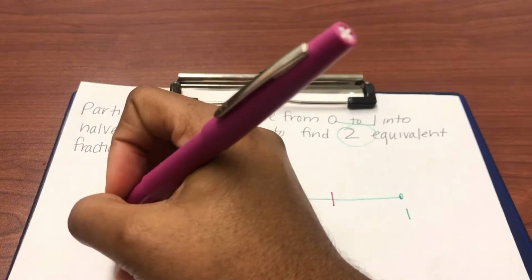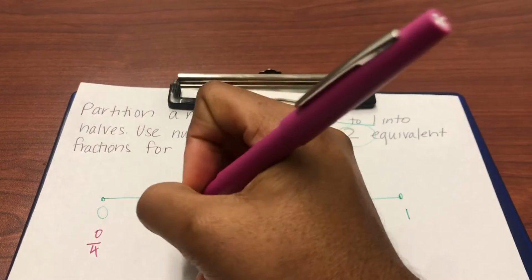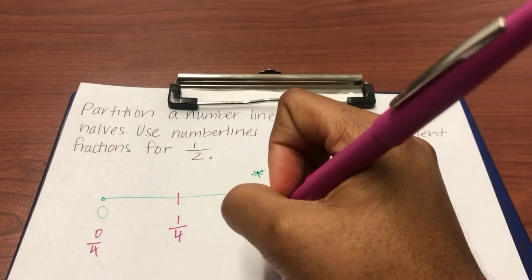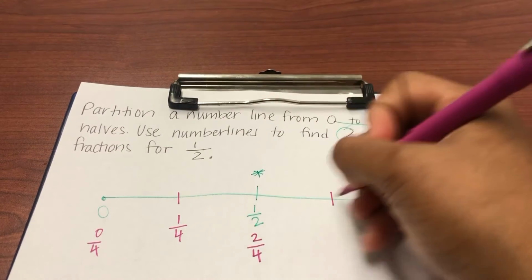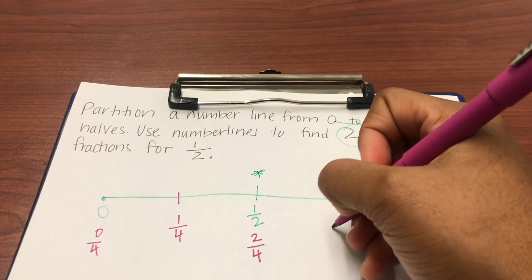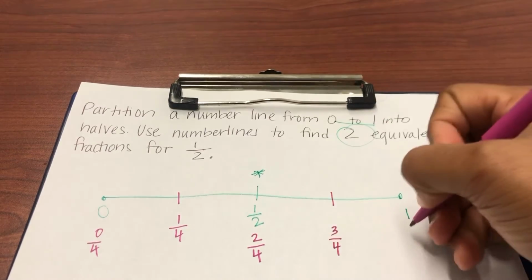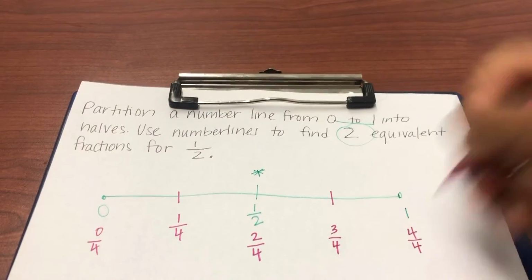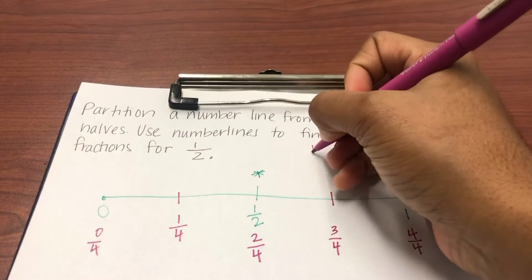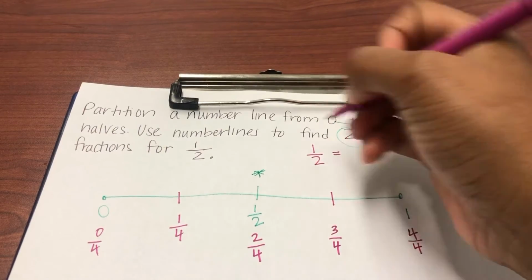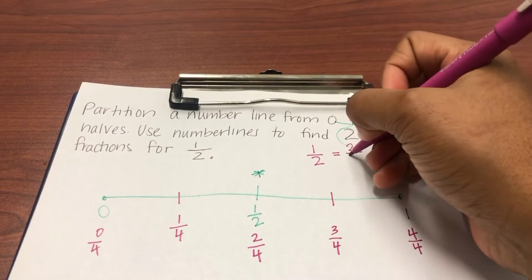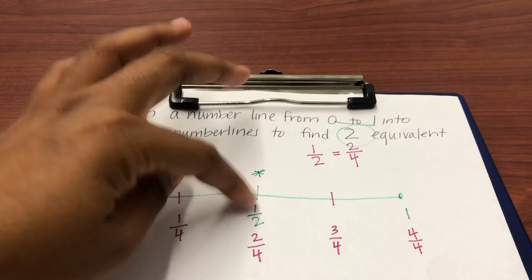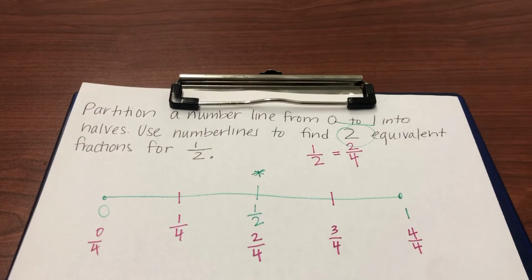So that's 0/4, 1/4, 2/4, 3/4, 4/4. So I know that 1/2 is equivalent to 2/4 because they're at the same exact point on a number line, which means they must take up the same amount of space in a whole.